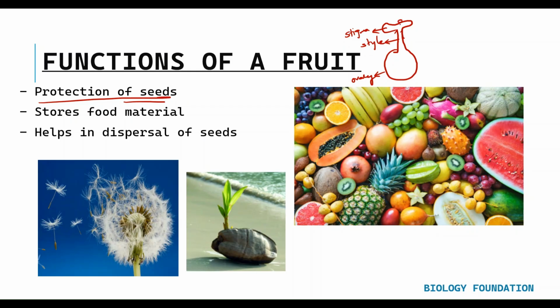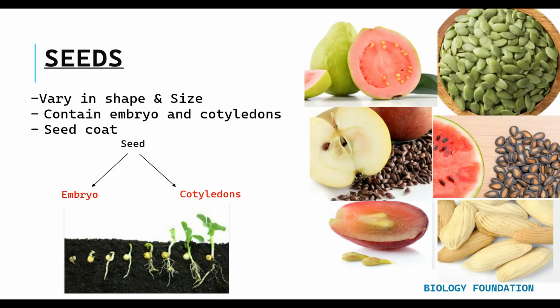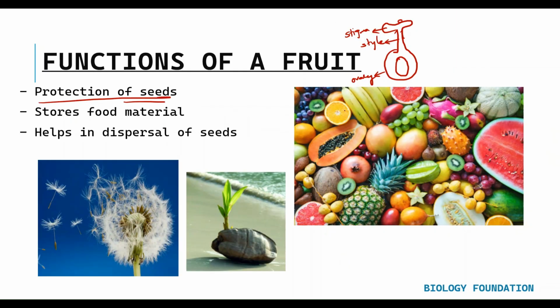Pollen grain lands on the stigma, and inside the ovary, who is present? Ovule. Inside ovule, you have a single female gamete, or egg cell. So this is ovary, ovule, female gamete.